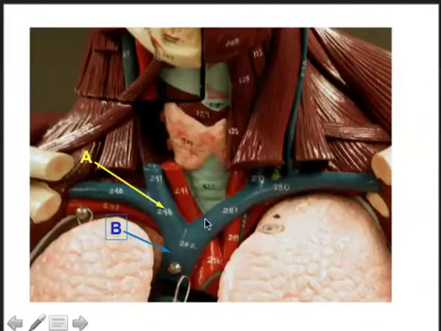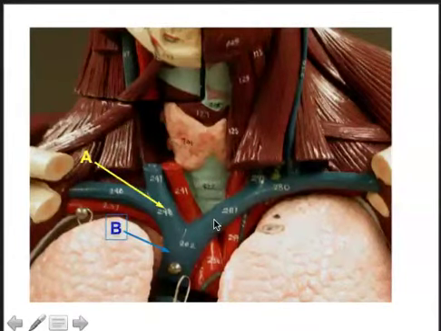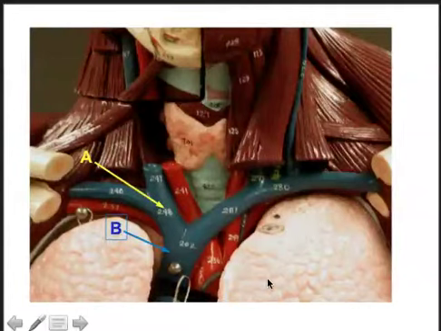Okay, down here we have the superior vena cava. And what does the superior vena cava receive blood from? It receives it from the left and right brachiocephalic vein. Okay, there is the left brachiocephalic, there is the right brachiocephalic vein.